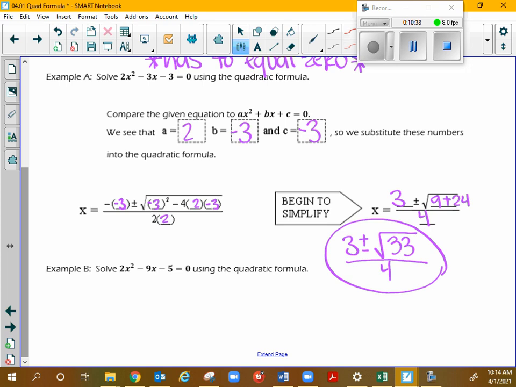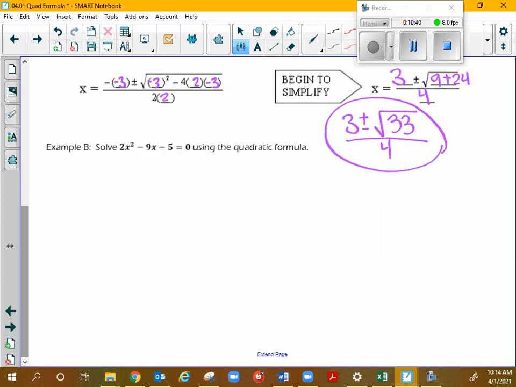All right, let's do example B. 2x squared minus 9x minus 5. What's my A value? 2. B? Negative 9. C? Negative 5. Okay.